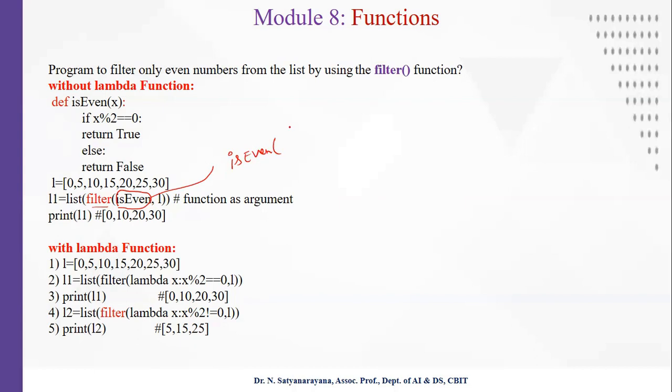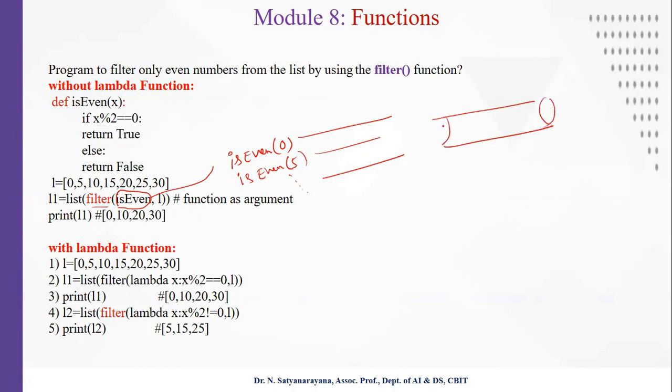Each value from the list is taken, is_even of 0, and the return value, and is_even of 5. That will be repeated for every element in the list, and the return values of these functions will go back to a memory stream, where if the return value is true, the actual value comes. If it is even, the return value will be that number. If it is 5, it is an odd number.